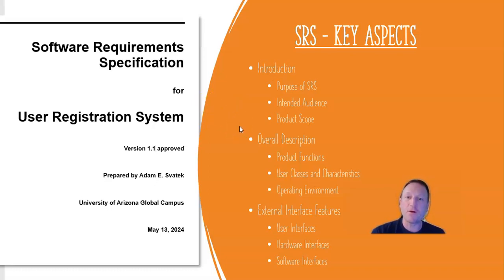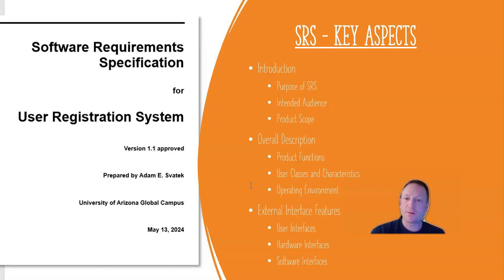Next, it covers the overall description, including the product functions, user classes and characteristics, along with some diagrams, which we will show a few of in a few minutes. It also talks about the operating environment.